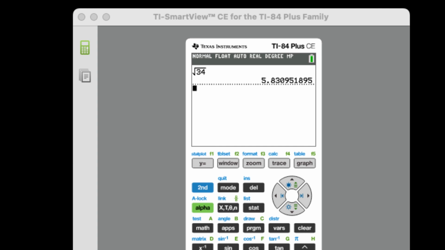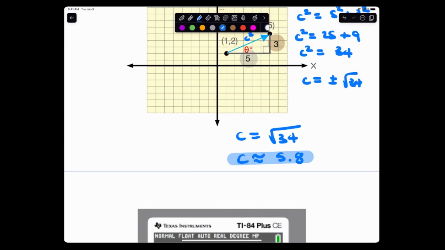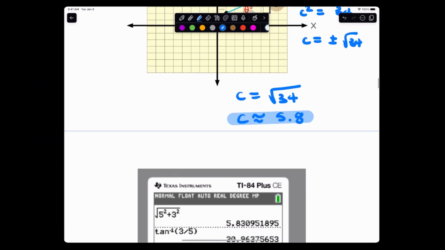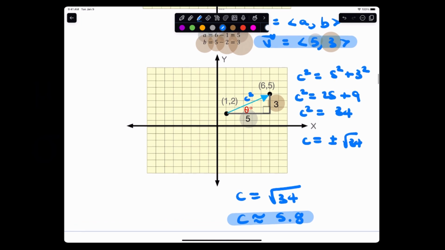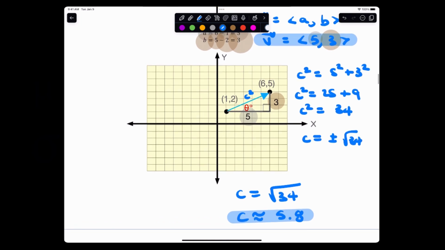What's the square root of 34? 5 point what? 8. So I approximated that to the tenths. All right, you guys see what I'm saying here? This is how I got the what? The magnitude. And that's C, okay?